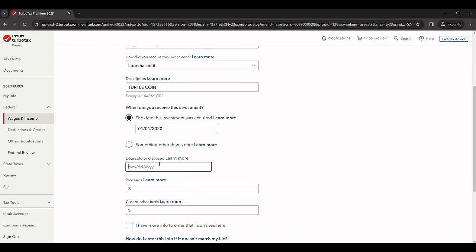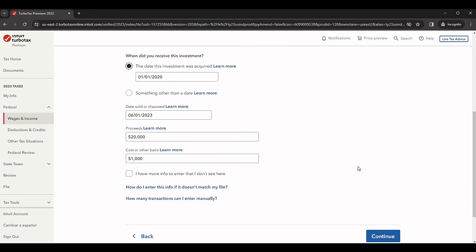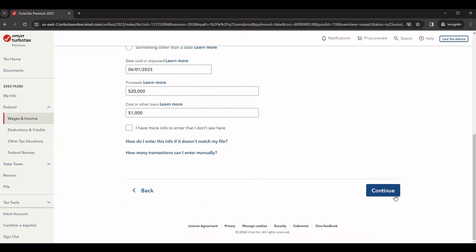Date sold. Just say June 1st, 2023. Sold it for, let's just say, 20 grand. Cost 1,000. So you made 19,000. Good thing it's long-term capital gain.